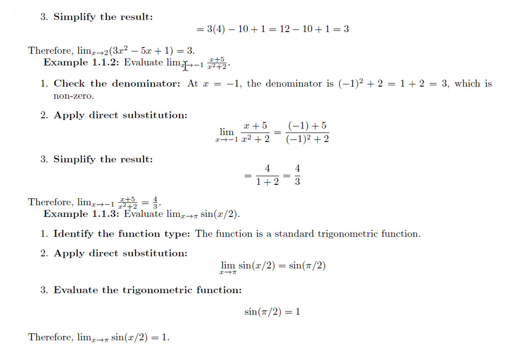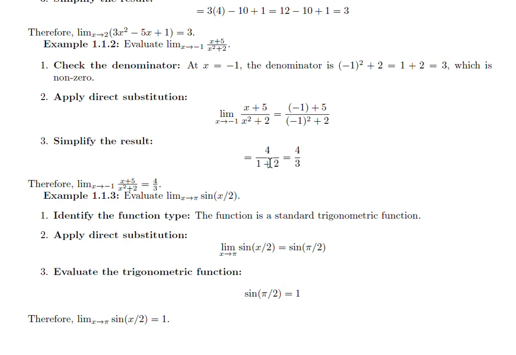While our variable is approaching -1, we'll substitute -1 directly into the function, and luckily we have a real valued number as result, 4/3. And so it means that as values of x approach -1, this entire function will approach 4/3.